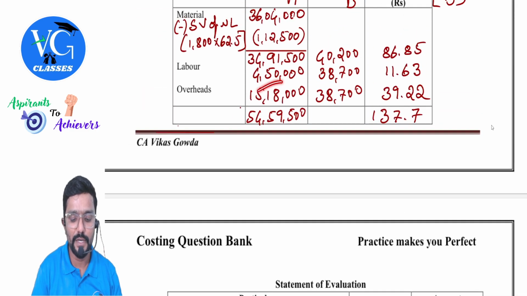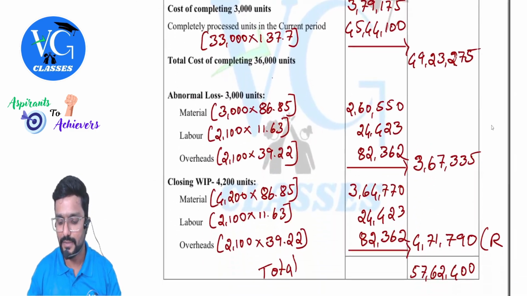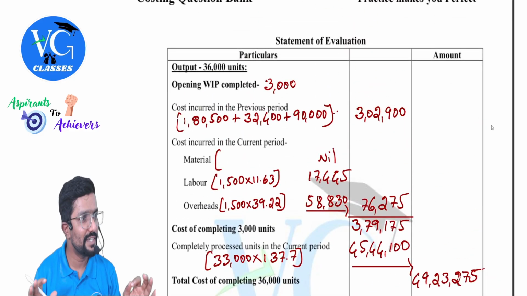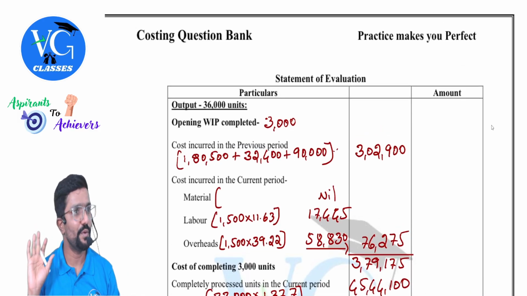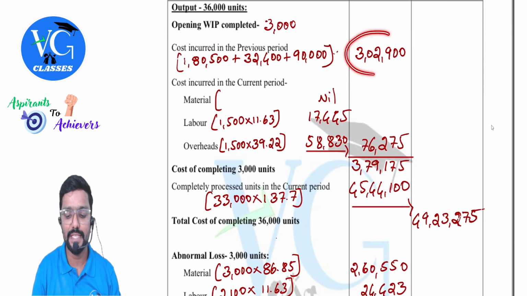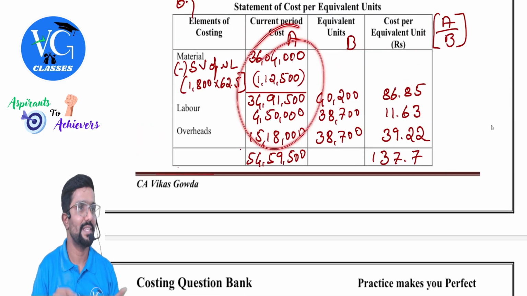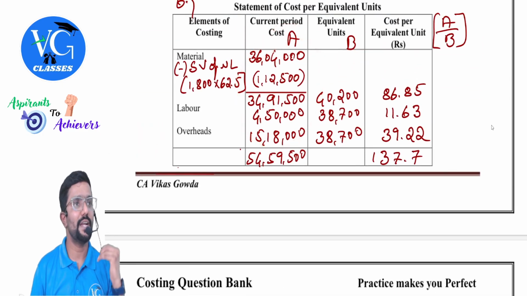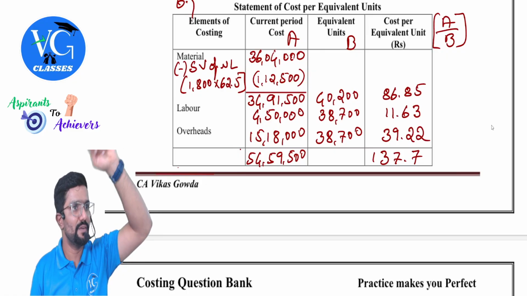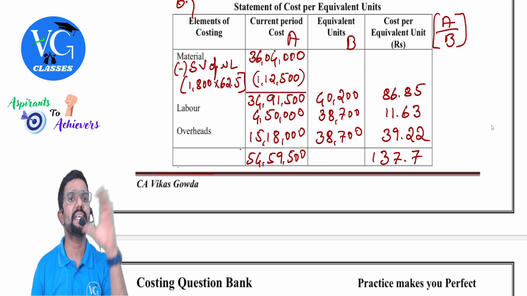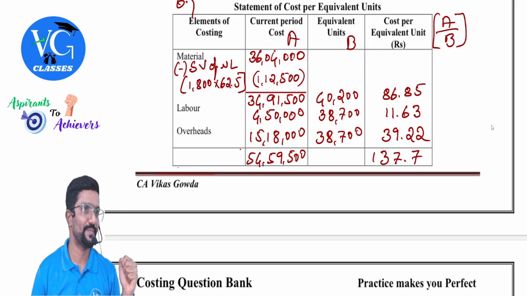Clear? Got it? Hope you understood. Because I considered this figure in this calculation, but I didn't consider it here. That is why the difference. Under weighted average, it will match exactly, whereas under FIFO, the difference would be the cost of opening WAP incurred in the last year.